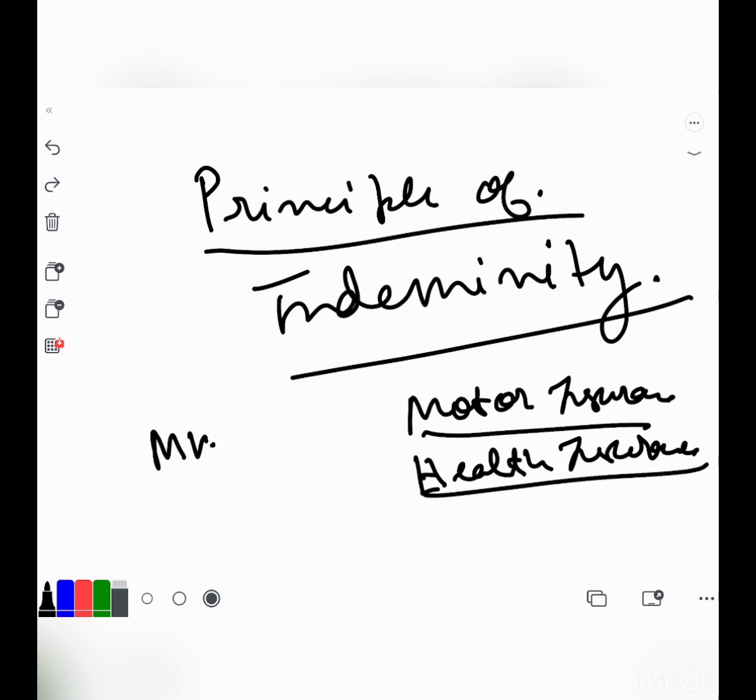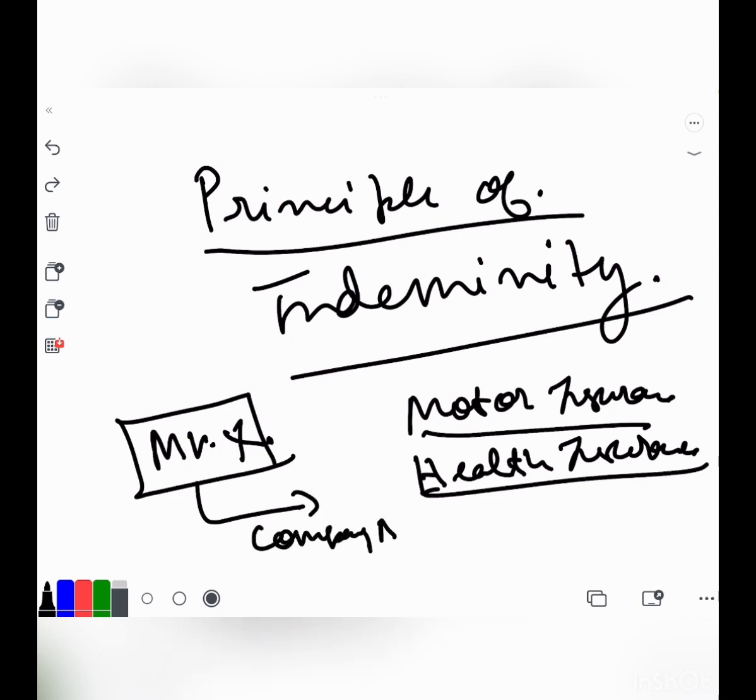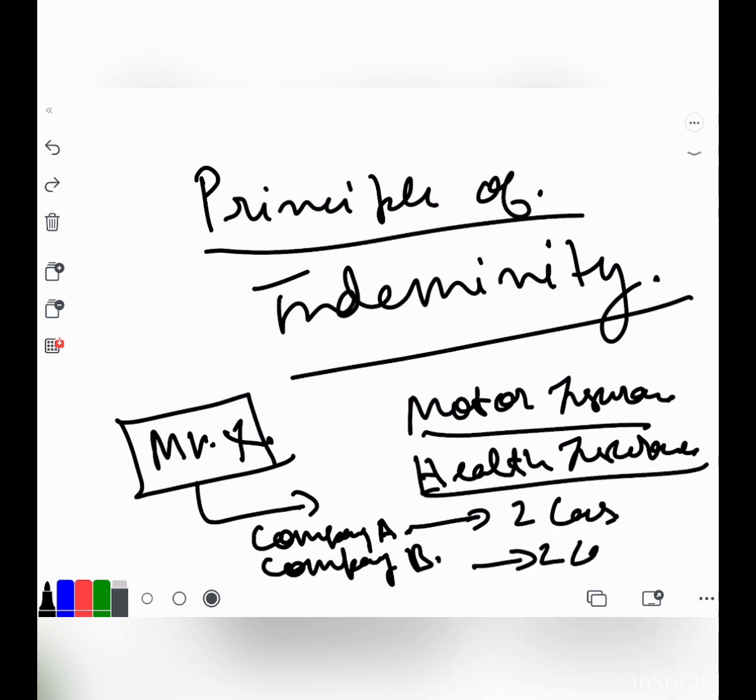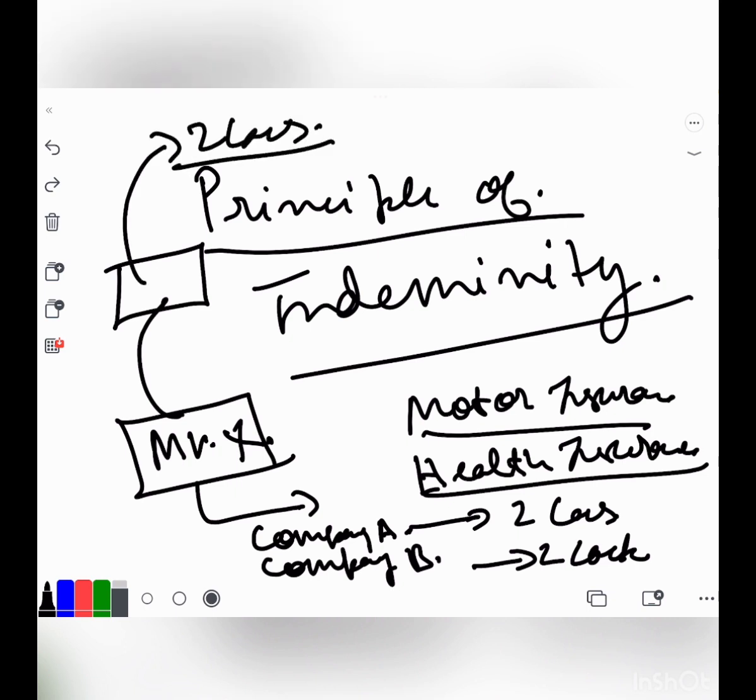Mr. X is having insurance from company A and company B for, say, 2 lakhs and 2 lakhs. Now Mr. X is hospitalized and he gets a claim of 2 lakhs. Health claim.